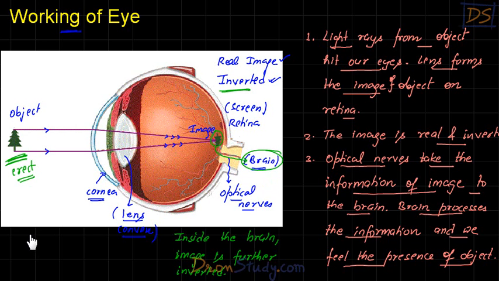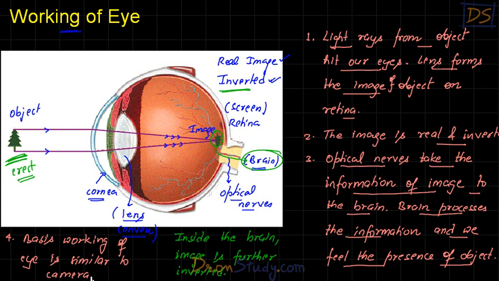Fine. Okay. So this is the basic working of the eye, students, and I must tell you one more thing here, that this basic working of the eye is very similar to a camera.